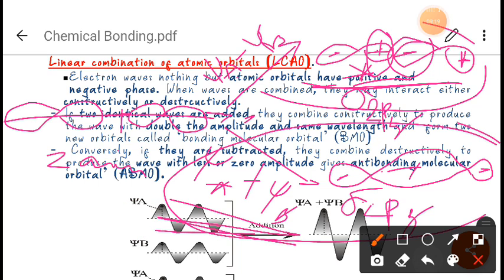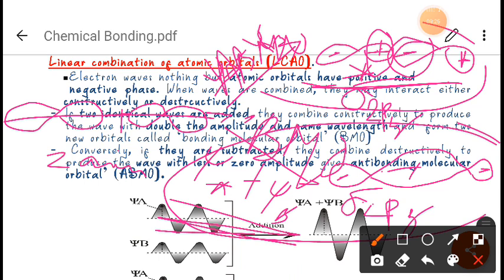That is why it is a bonding molecular orbital, and this is called the anti-bonding molecular orbital, right? So an anti-bonding molecular orbital is formed when the crest of one overlaps with the trough of the other, and a bonding molecular orbital forms when the crest of one overlaps with the crest of the other. So this was about head-on overlapping.